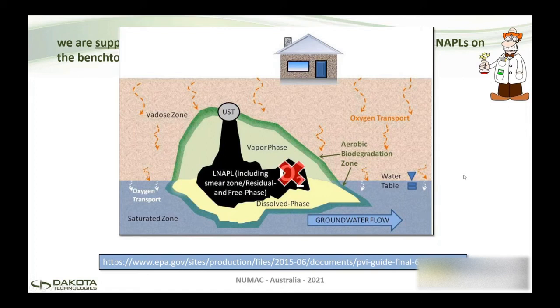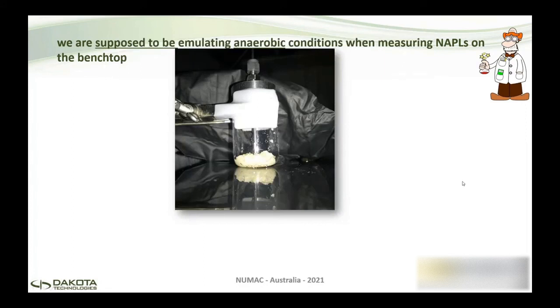It's anaerobic, and so the vast majority of circumstances don't allow for oxygen to be in the NAPL that the UVOST probe is going past. But that complicates matters for guys like me, because if I'm going to be demoing or doing research and I want to emulate those anaerobic conditions, I've got to flush that oxygen out of the sample, and I can do that by flushing an inert gas through there, nitrogen in this case.